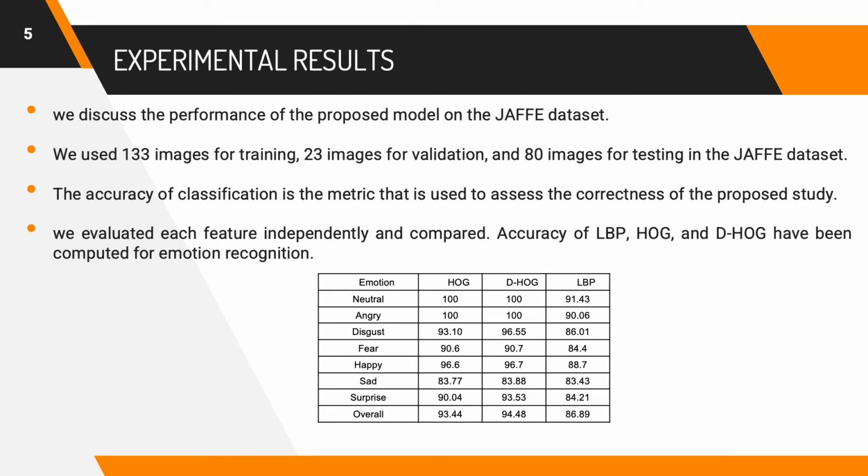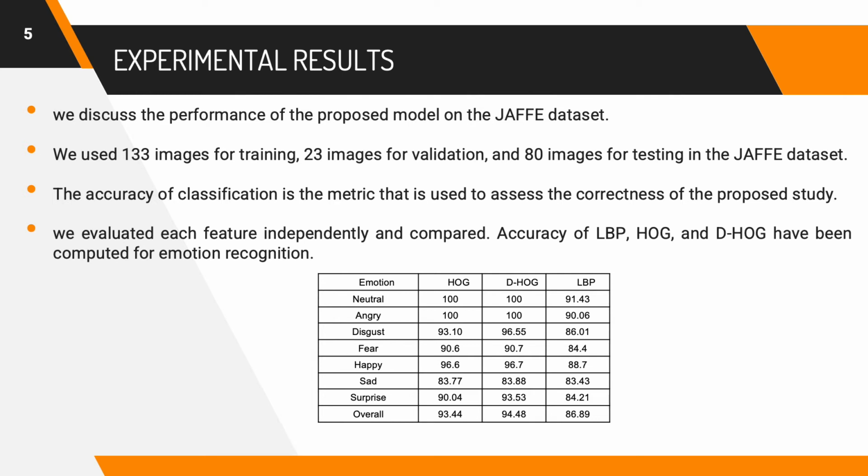When we come to the experimental results for our proposed method, we have discussed the performance of the proposed model on the JAFFE dataset. We used 133 images for training, 23 images for validation, and 80 images for testing.